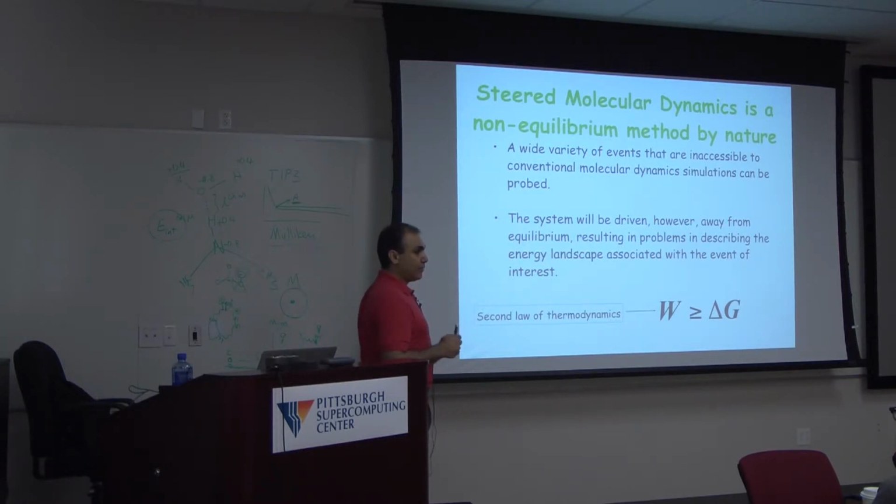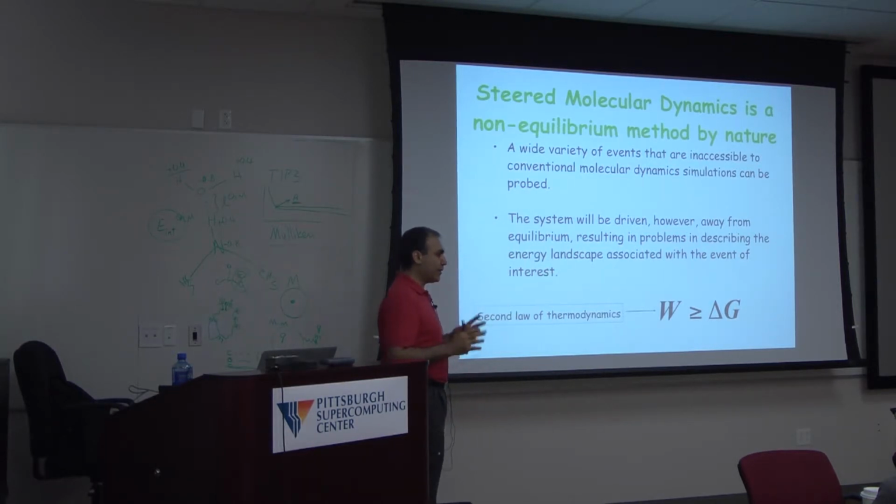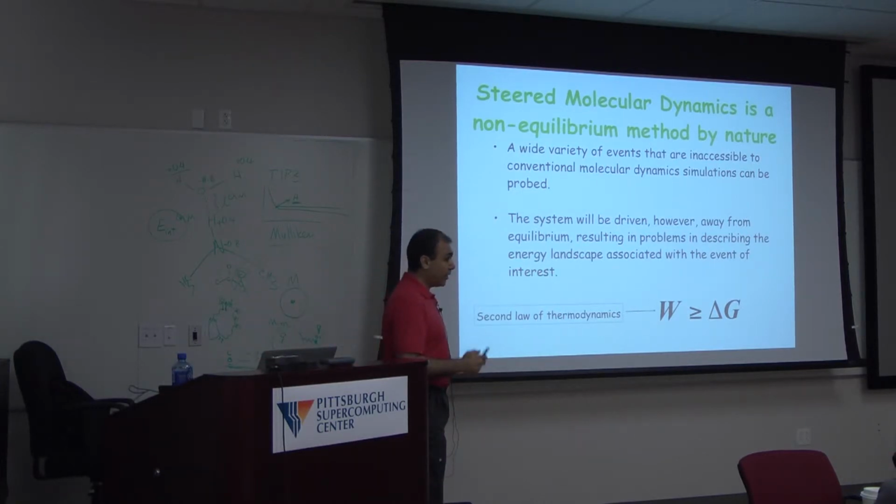We might take artificial barriers, and the barriers, even if you go through the barriers, are going to be higher in general. So at the end of the day, what you want to do is to calculate free energy from the work that you do to the system. That's something that you can monitor very nicely in a steered MD, where every time you're applying the force, you can integrate the force along the path and calculate how much work you are doing to the system to induce the transition.